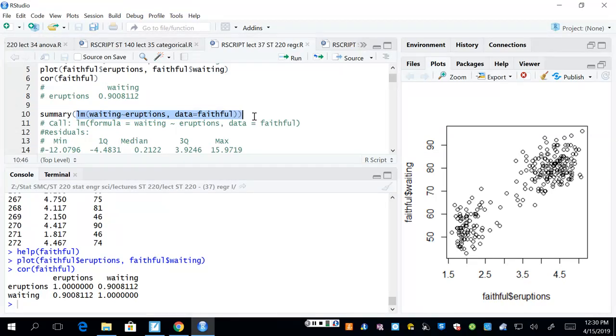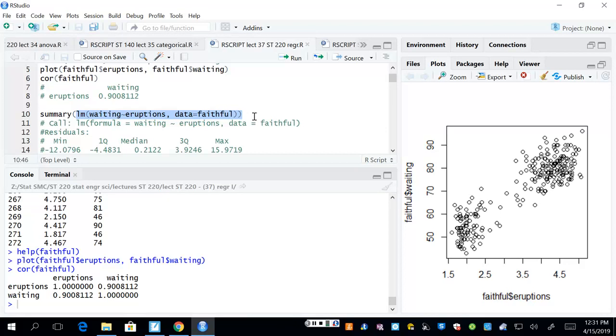Linear regression is an example of a linear model. So this is an lm. And then the waiting time, there's a little tilde there. And this is their syntax for saying that this is the y variable and that's the x variable. The waiting time is a function of eruptions, and it tells it what data set it is. And summary gives it in a nice little format.